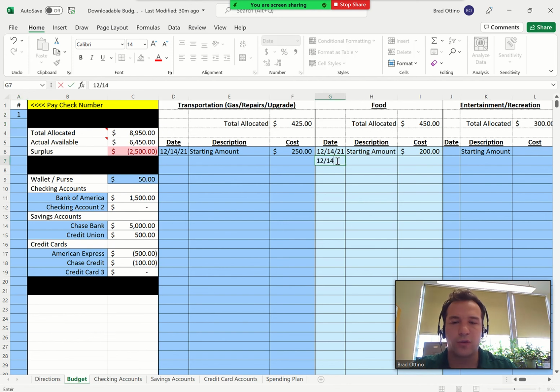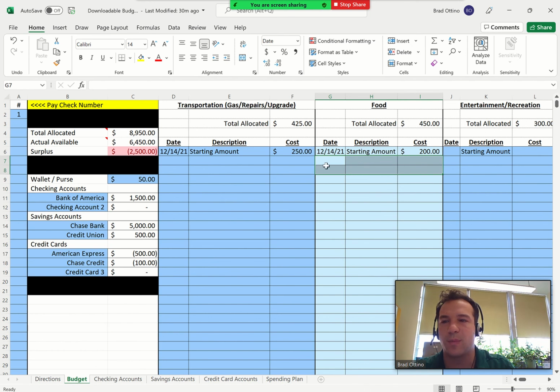If I were to buy groceries today for $100, my total would go down for food, and that's how that would work. Every paycheck we get, we'll just keep increasing this paycheck number by 1. You can see here that we have a negative $2,500 in our budget.